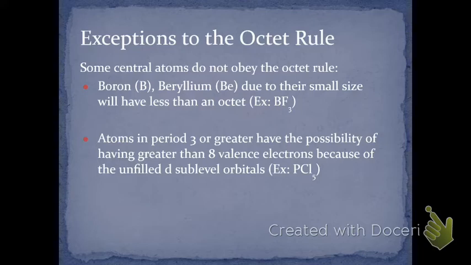So boron and beryllium, they're actually really, really small atoms. And so they actually are okay without having 8. So boron sometimes will only have 6 valence electrons, and beryllium sometimes will only have 4.